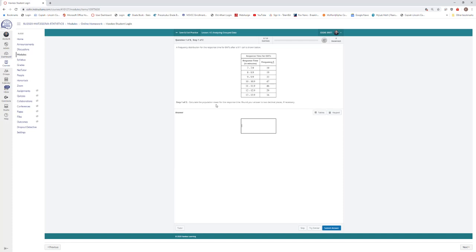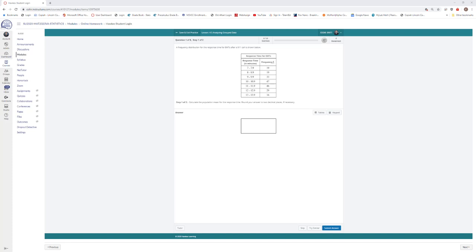With population mean for group data, you need to first find the midpoint for each one of your classes. So I'm going to do that with the calculator just built into Windows. You can use your own calculator.